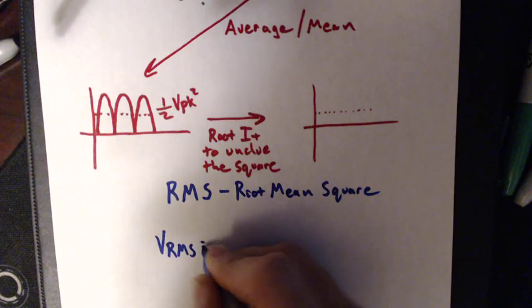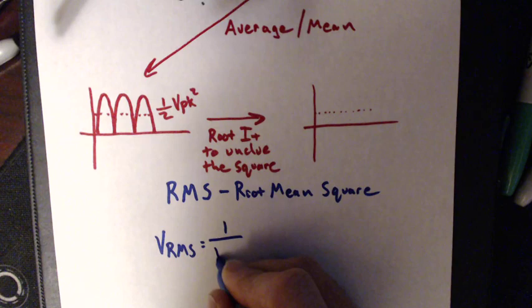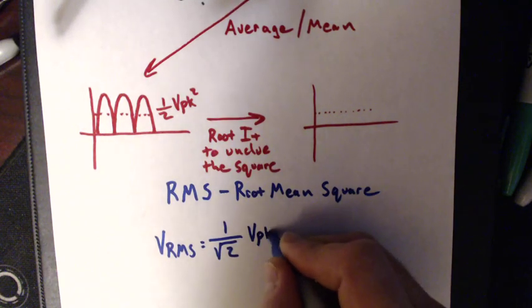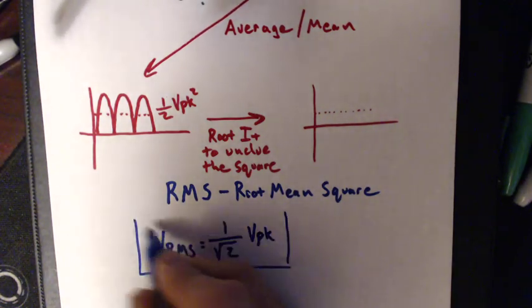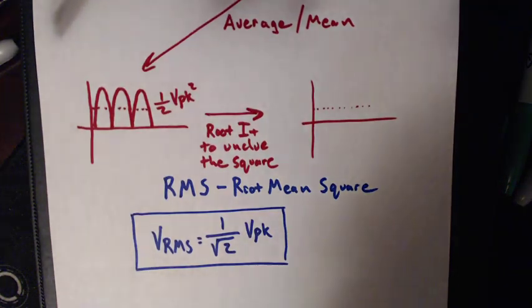VRMS is equal to 1 over root 2 times the peak voltage. And this, I would suggest to just remember.